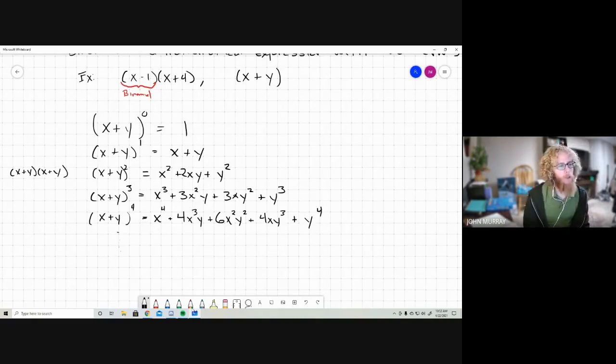Okay. You may also notice some patterns happening with the coefficients. Here we would have a 1 and a 1, and then 1, 2, 1, and then 1, 3, 3, 1, and then 1, 4, 6, 4, 1.